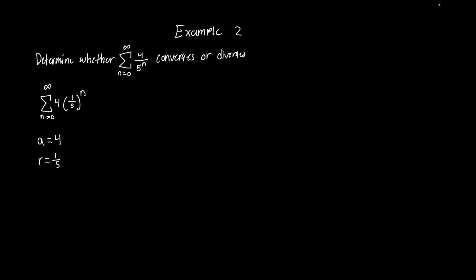Now we apply the geometric series rule, and we know that a geometric series converges if the absolute value of the r value is less than 1. So we know that the absolute value of 1/5 is just equal to 1/5. And I hope you guys know that 1/5 is less than 1.